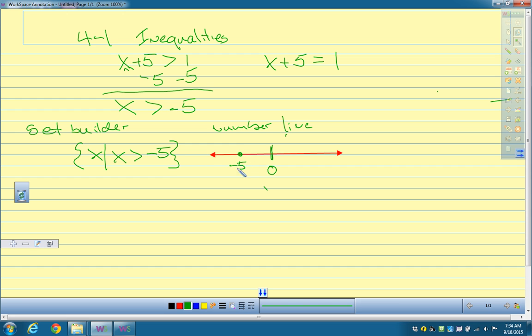And then in this book, the way they say greater than -4 is they make a curvy bracket over here. Some of you may have done this before and you use an open circle. Yes, Jessica? What is 1 minus 5? -4.